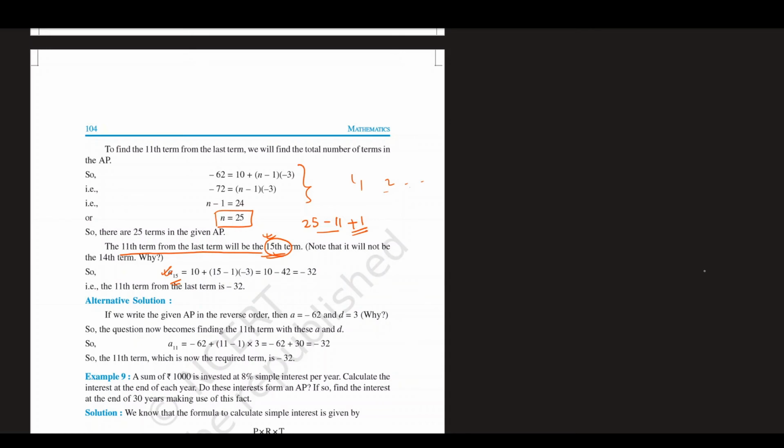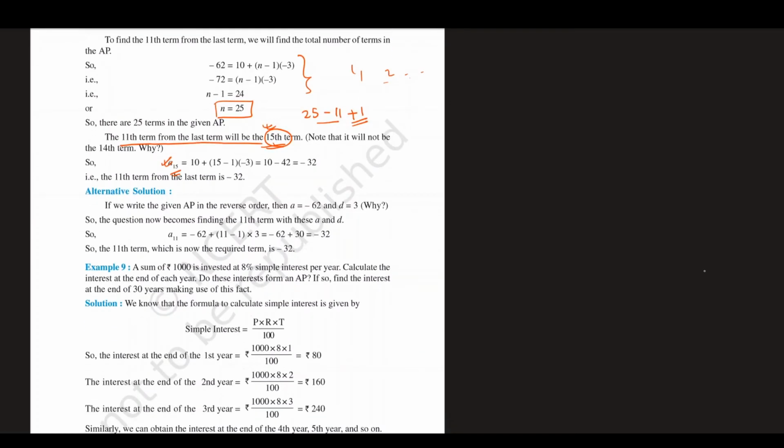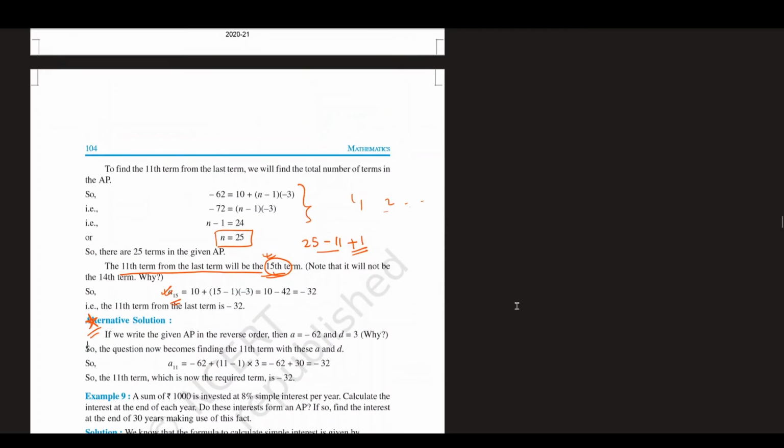Alternate solution, yes, I will be talking about this. The alternate solution is a good one. If we reverse the AP, in this case the AP is 10, 7, 4, up to minus 62, and the difference is minus 3.